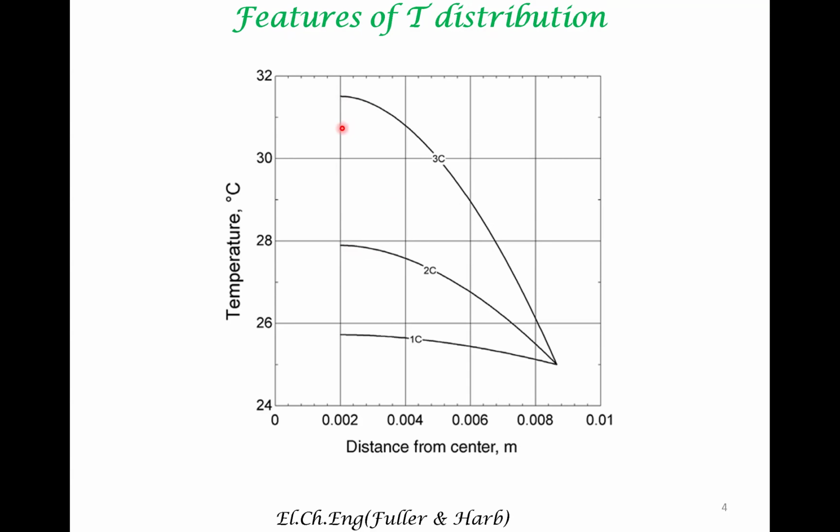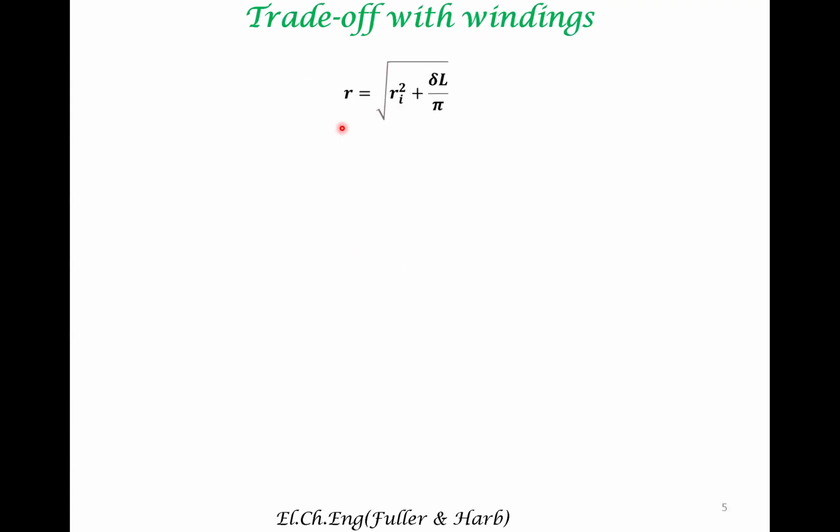The heat removal from the inside of the battery to the outside becomes harder and harder as you increase the radius of the battery. So there is a trade-off. Given the thickness of the winding, that is delta, L is the overall length of the winding, right? This is just from geometry, you can get this. So there is a trade-off.